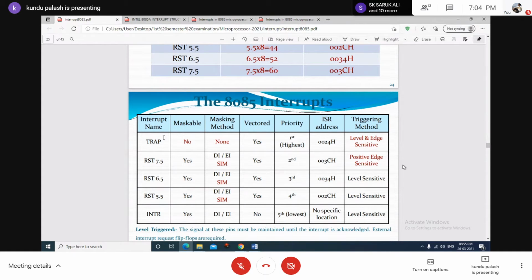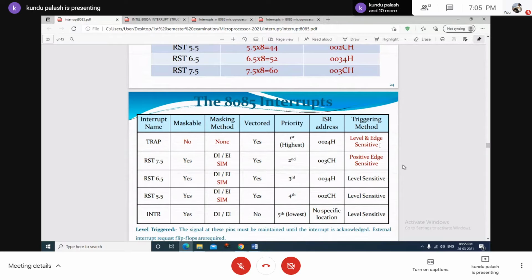For TRAP, the signal logic level is either high or low, according to the concept of digital electronics. But there is another concept, that is edge. When there is a transition from low to high or high to low, we call it the rising edge or the falling edge of the digital signal. That's why it is written level and edge sensitive.